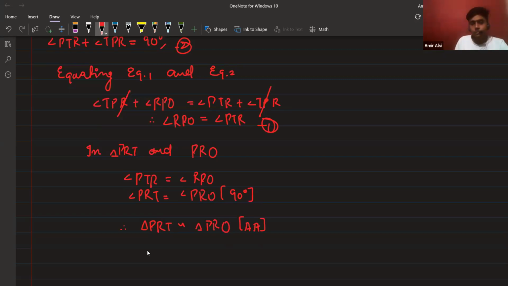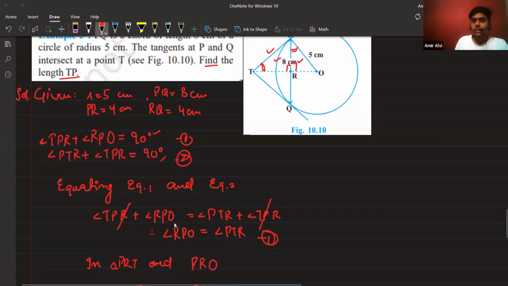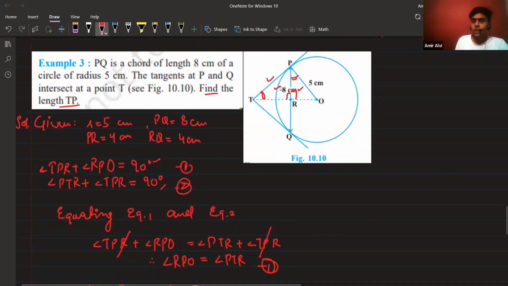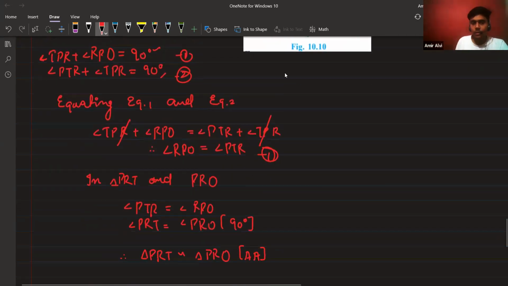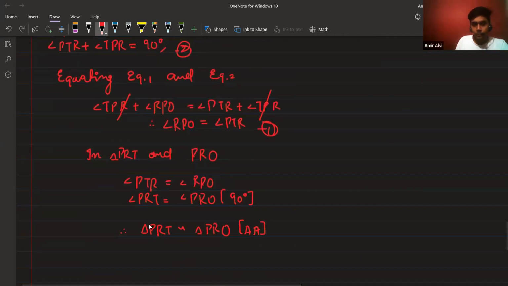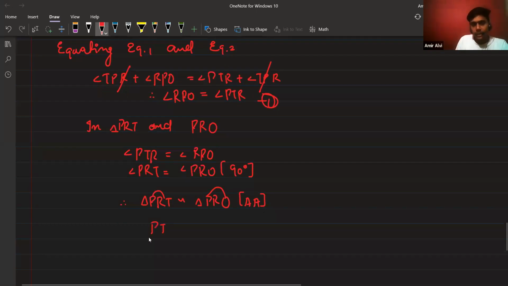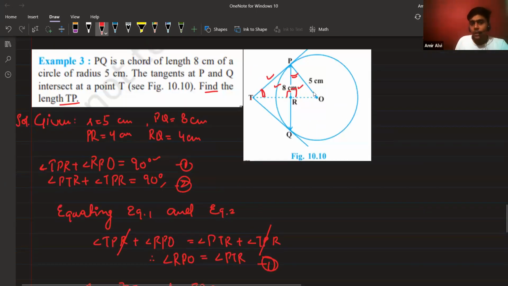So I need the value of PT now. So PT is proportional to PO. So PT by PO, and RT by RO.